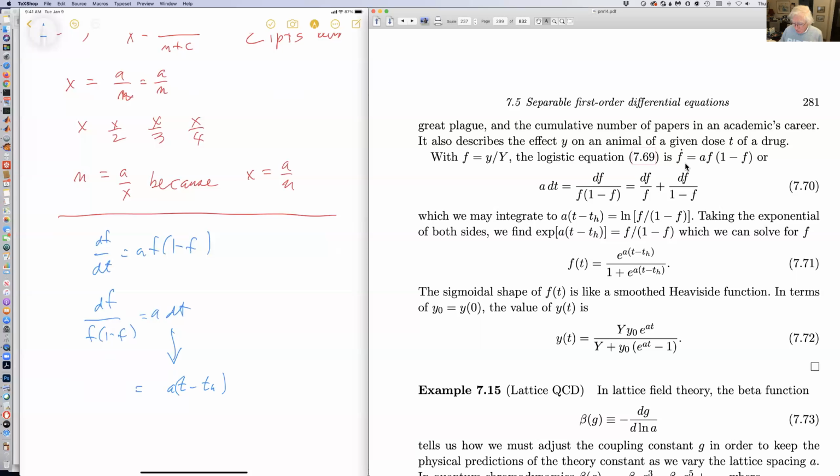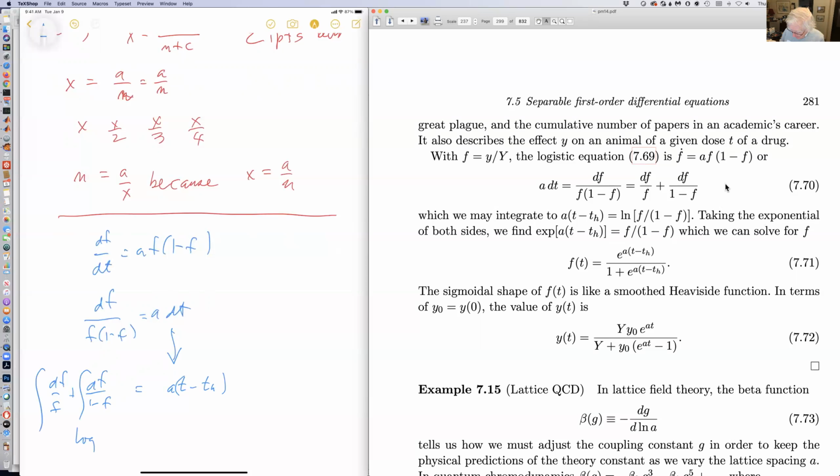And this one we can rewrite using this equation as df over f plus df over 1 minus f, and this integrates to log f minus log 1 minus f, which is to say log of f over 1 minus f is equal to a t minus th.